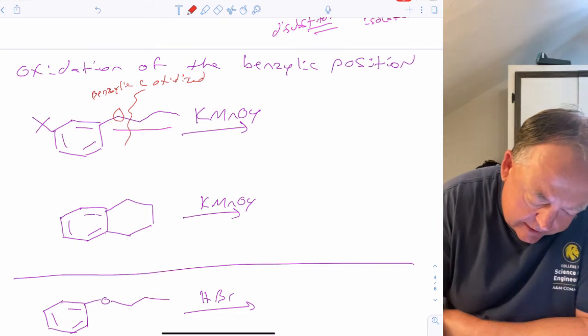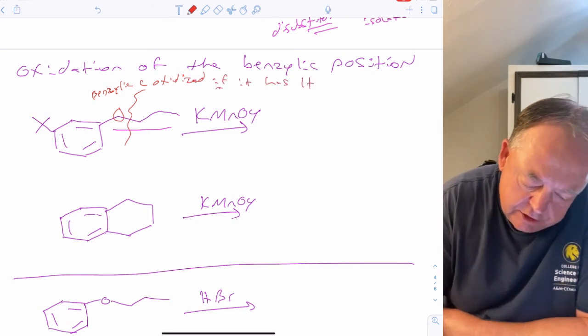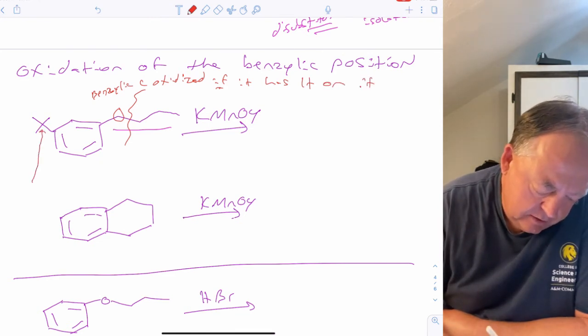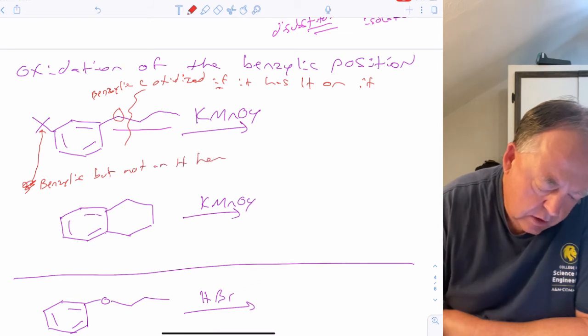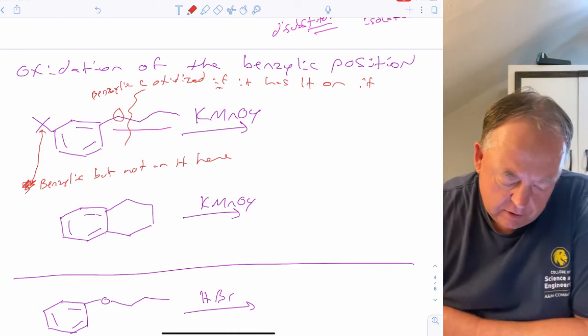So it's oxidized if it has H on it. And this one's benzylic. But there's no hydrogen there, so that one doesn't oxidize, but the one on the right does.